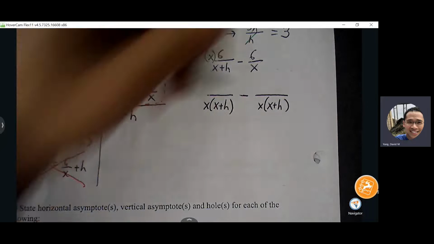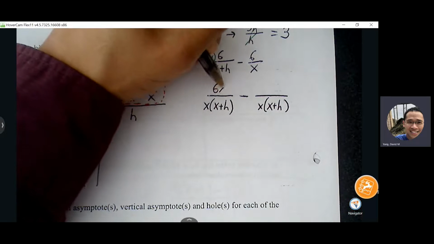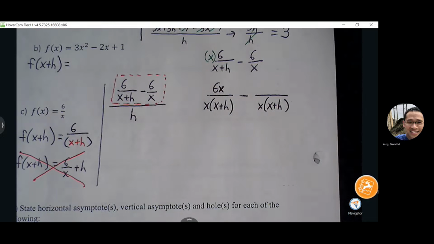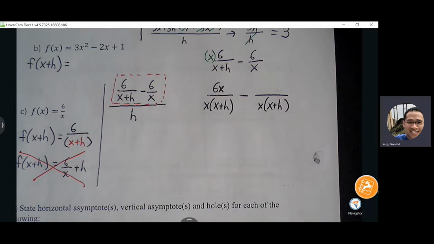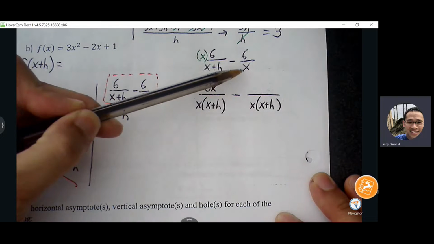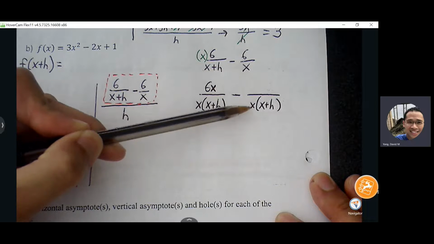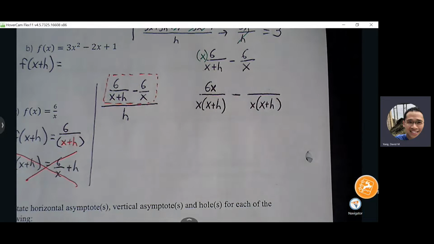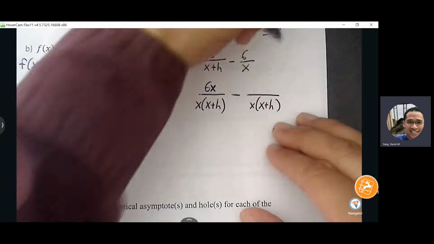So 6x would be the adapted numerator for my first fraction. Okay, second denominator. What's changed from first to the second? X plus h. So I need to make that same adjustment with my numerator.